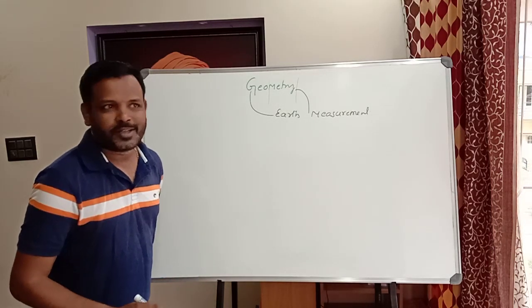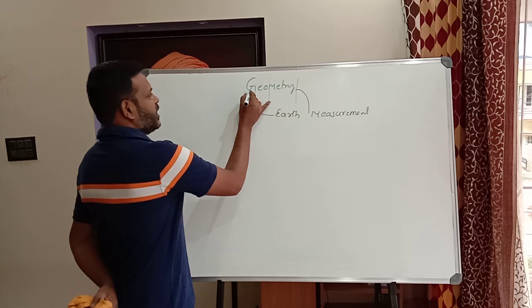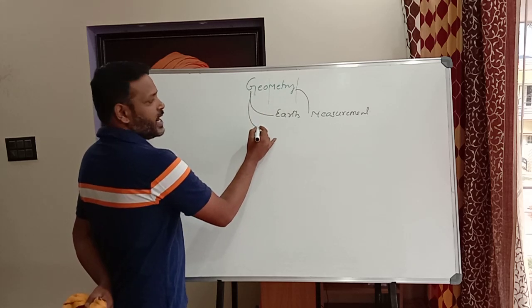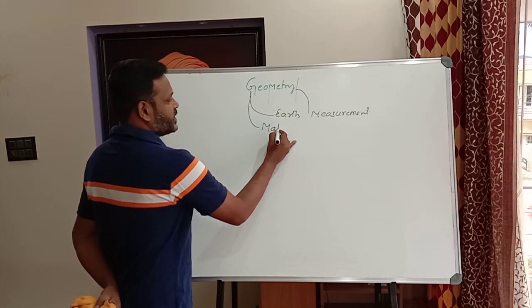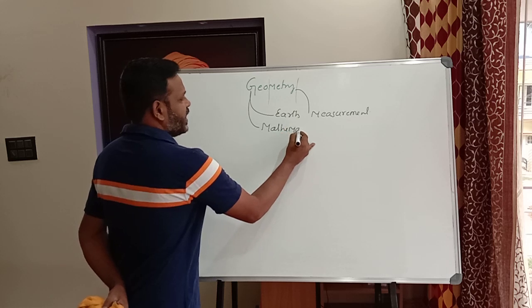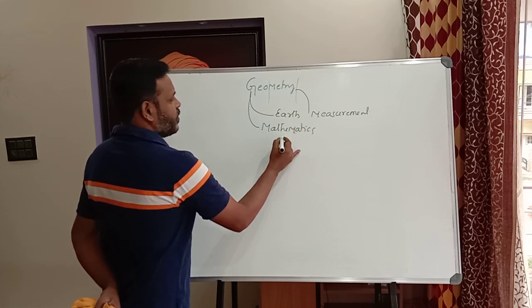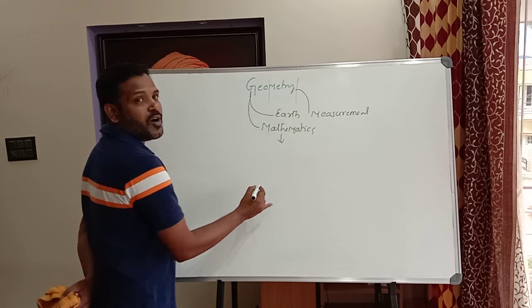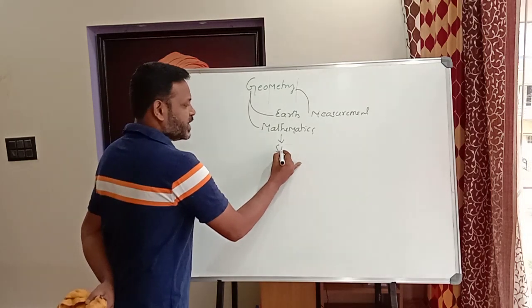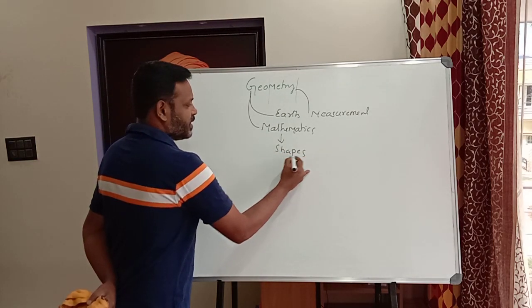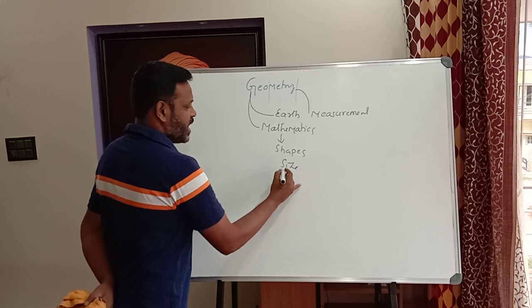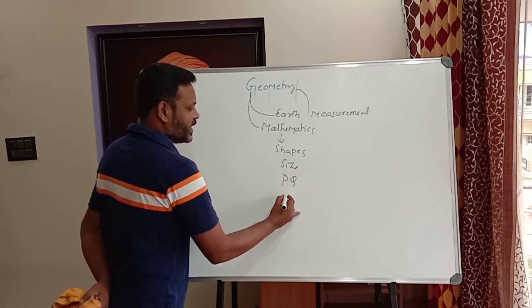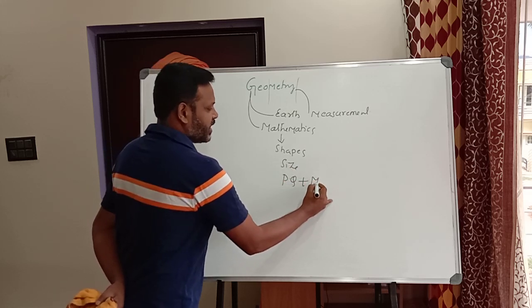Do you mean that geometry means earth measurement? Not at all. The definition of geometry is that it is a branch of mathematics which deals with the study of geometrical shapes, size, and some of the physical quantities and their measurements.